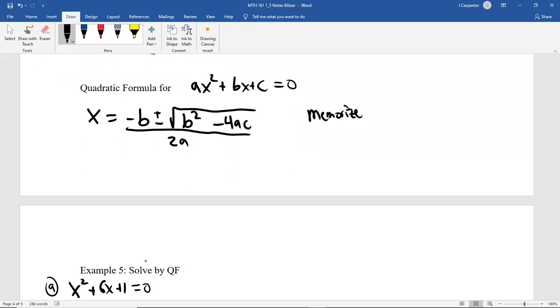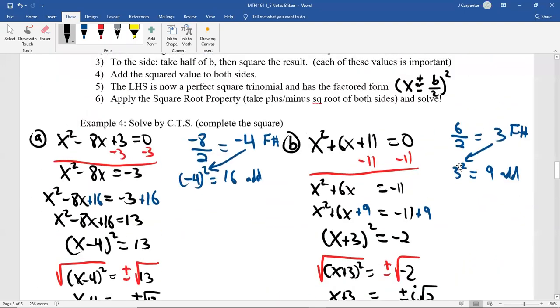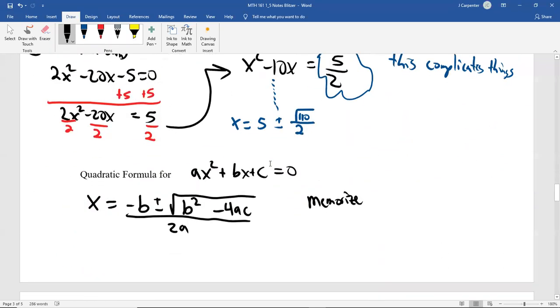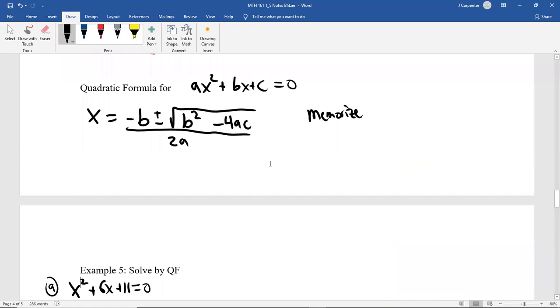Excuse me, 11, not 1, 11. The point was I'm doing B again, in case you didn't pick that up. I didn't mean to write 1. I have bad eyes. X squared plus 6x plus 11 equals 0.